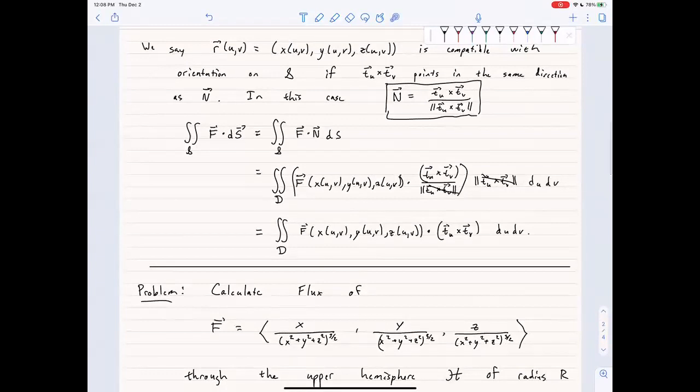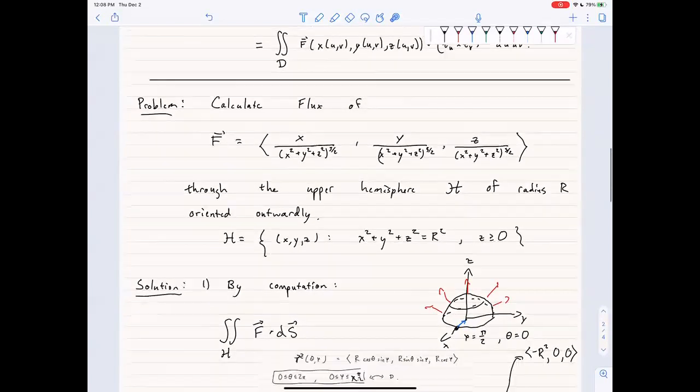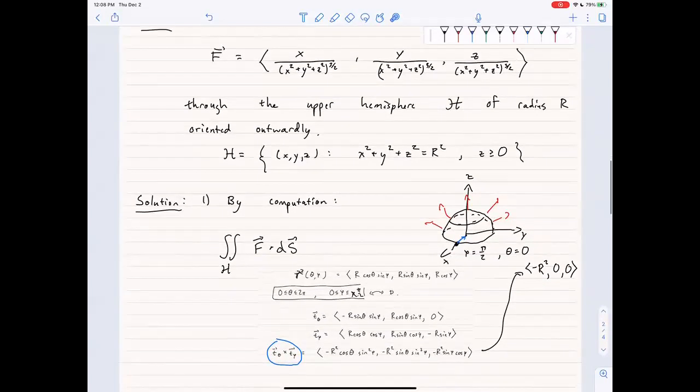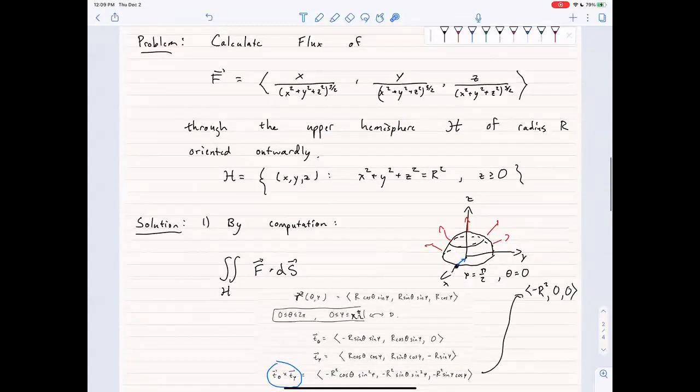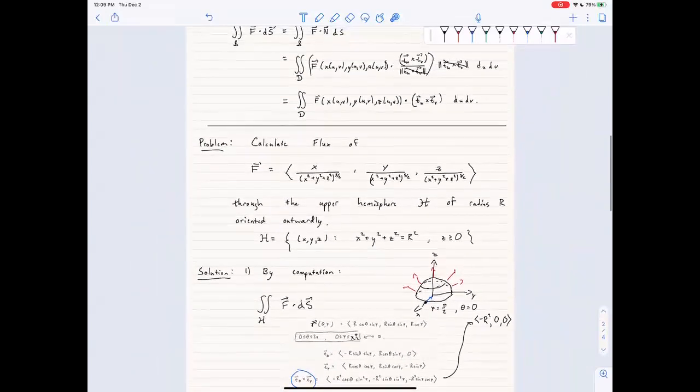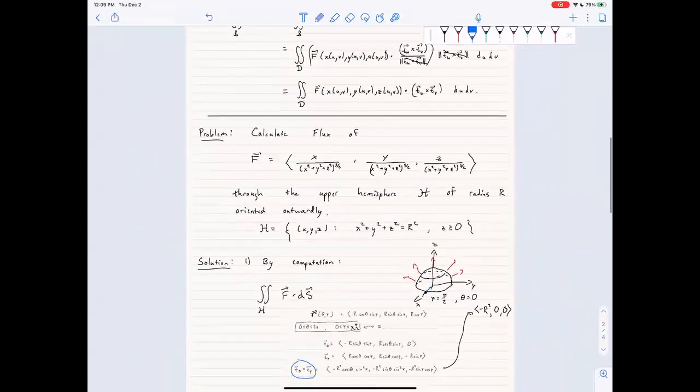It just means that if you have an oppositely parametrized surface, you just need to put a negative sign in here, because the negative of that will be the right orientation. It's going to go the right direction. So I'm going to put that negative sign in, just artificially, into this formula. And that will then allow me to compute. So let's do that.